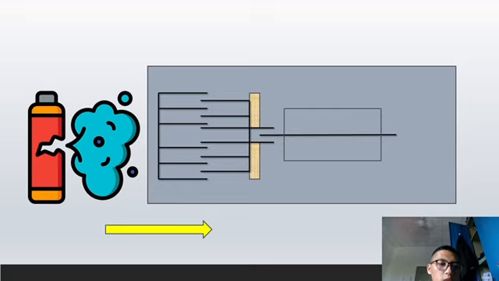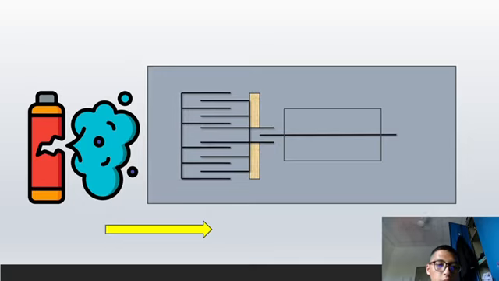So here's the gas pressure for the capacitive sensor. The capacitive sensor will interact when the gas pressure is facing the sensing phase.